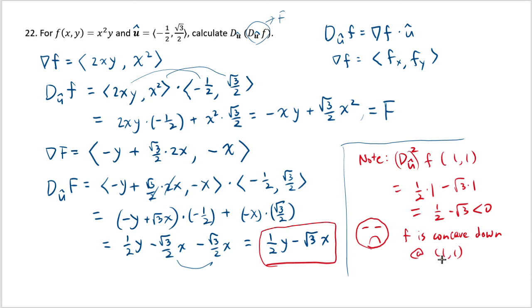That's a conclusion that you can draw, but not for all directions. In the direction negative 1/2, radical 3 over 2.